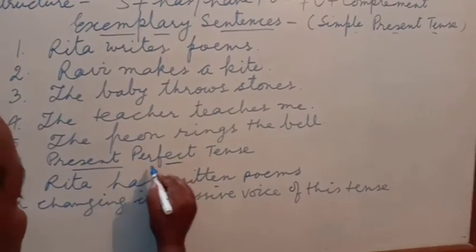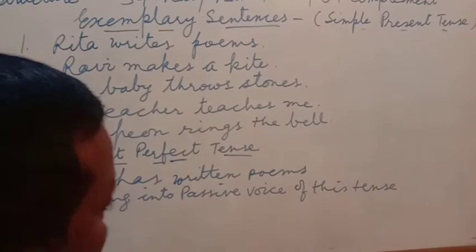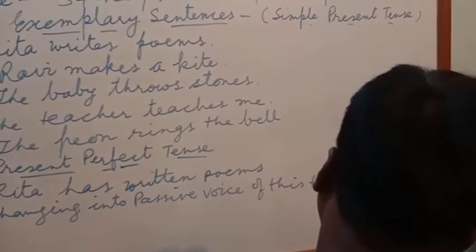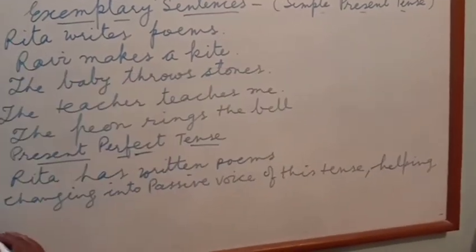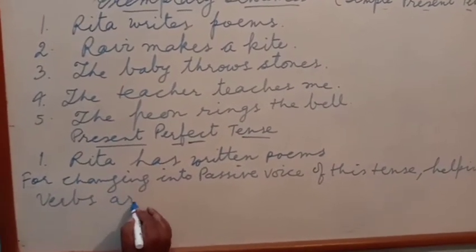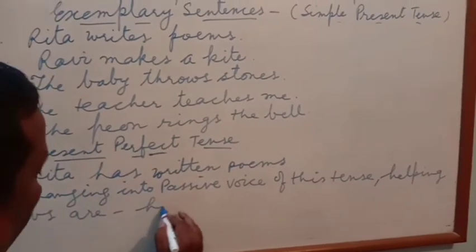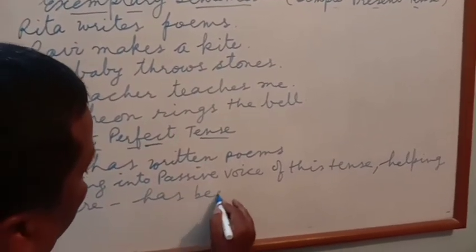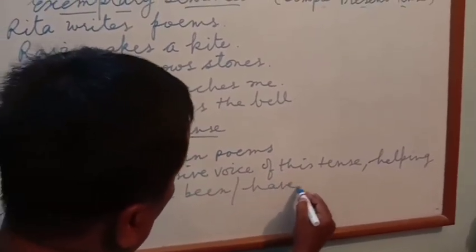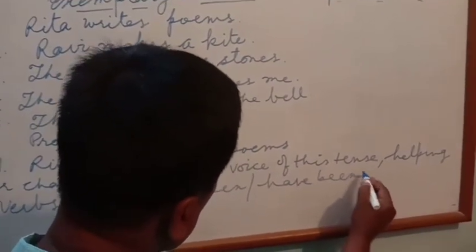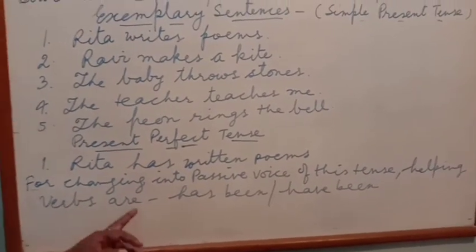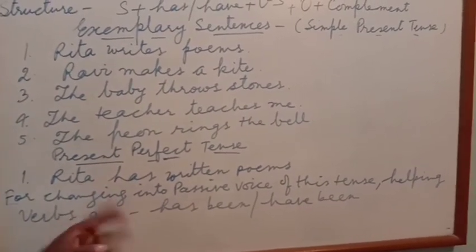Present perfect tense. Helping verbs are has been or have been. Helping verbs. And then all the general rules will be followed.